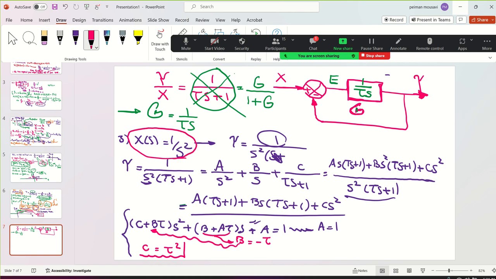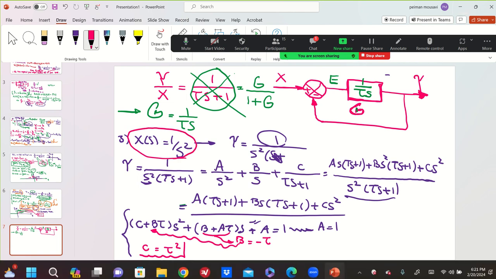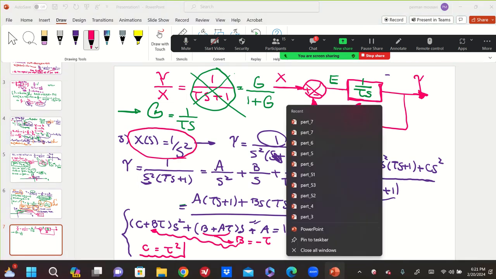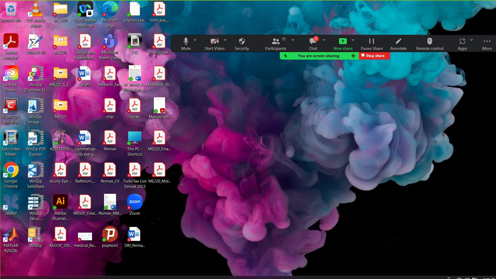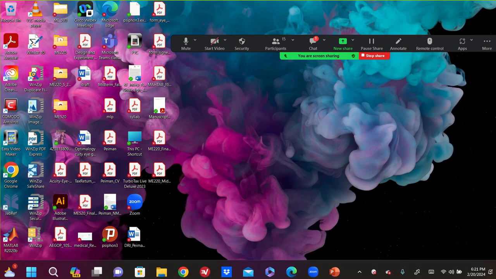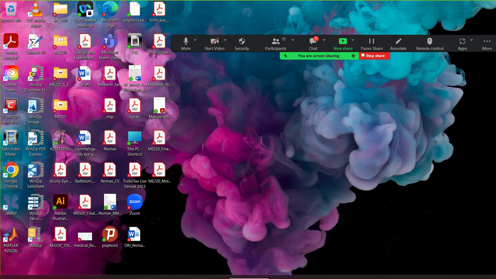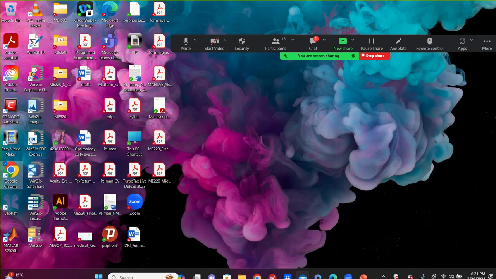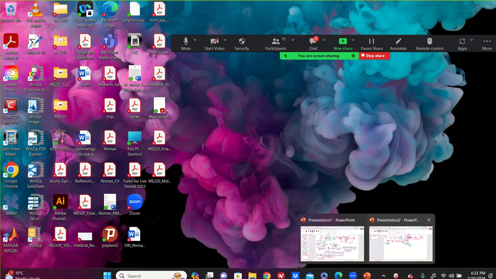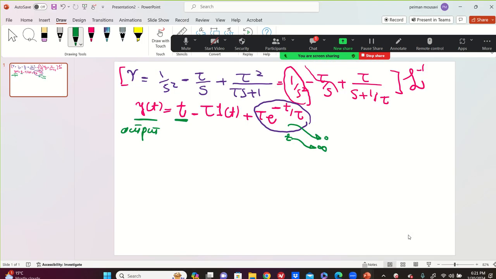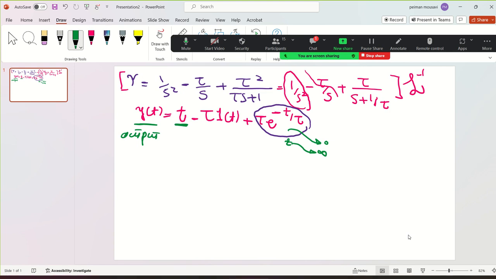Input, ramp, that's right. Everybody, you got it? How to call them now? Oh my God. There we go. So t was input to the system, remember? Input.